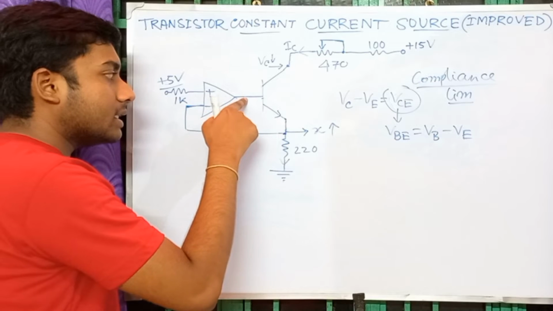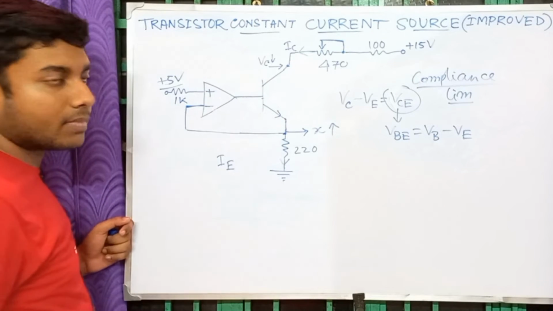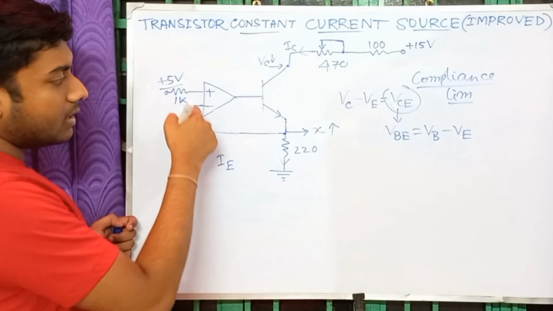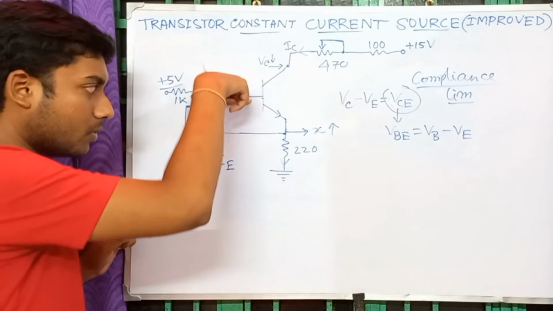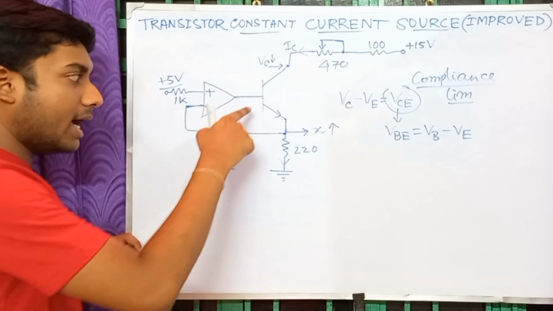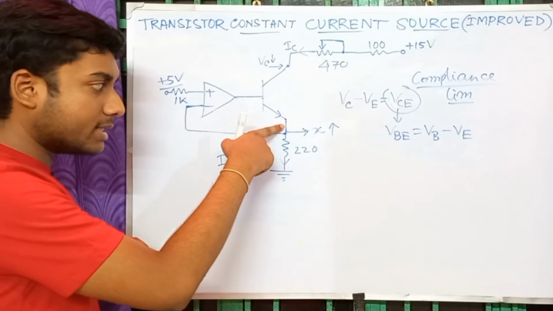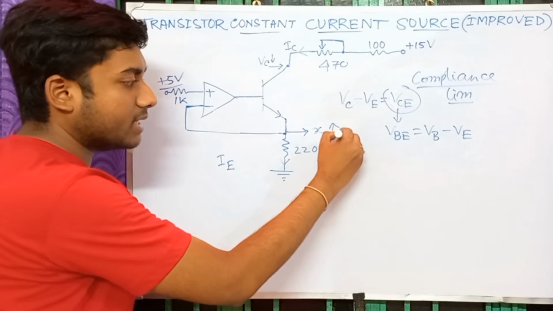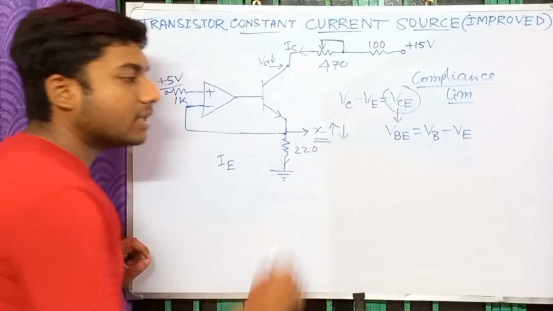As the input voltage difference is now negative, the op-amp output voltage will start to decrease, and as a consequence the voltage here will also decrease, and the increased amount of X will now be decreased. So X as a whole will remain constant.